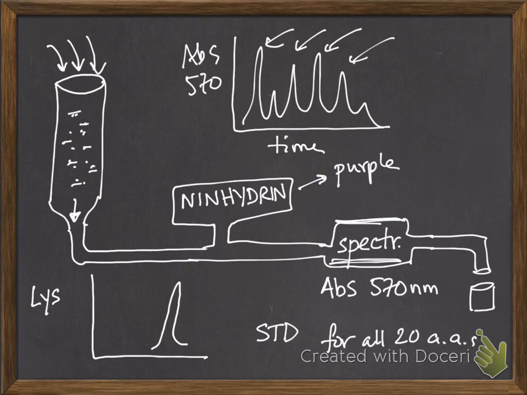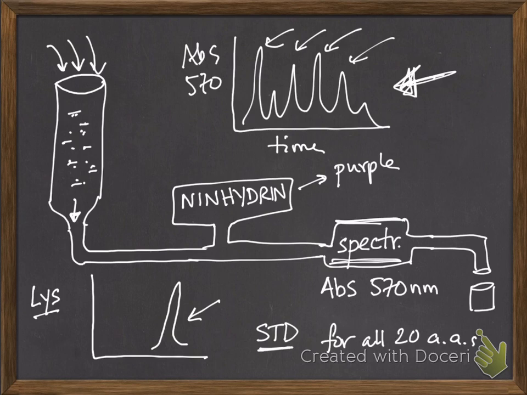So essentially what you do before you even run your unknown sample, where you get this data, you run a standard set of amino acids to know where the peak will be on the graph. At what point will your amino acid elute from the column?